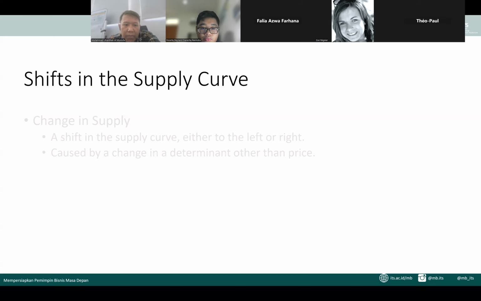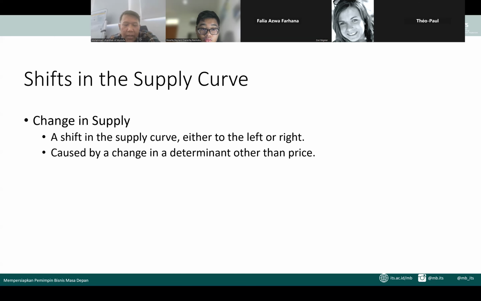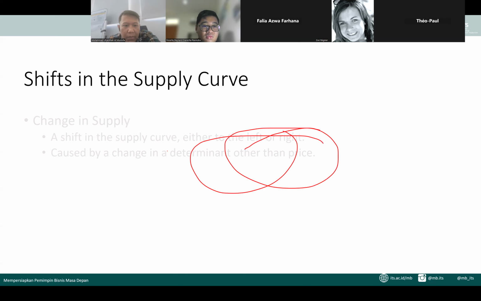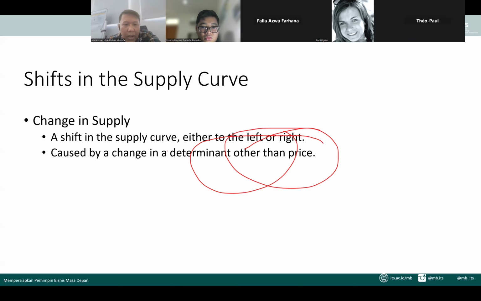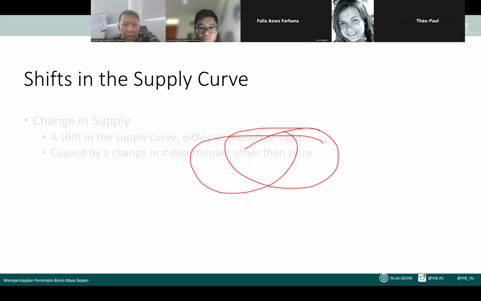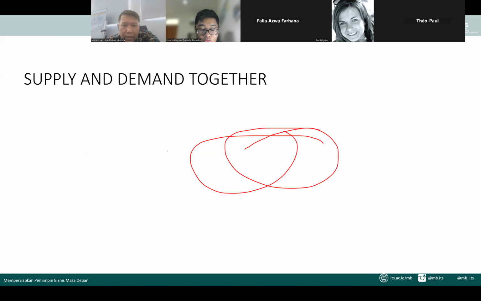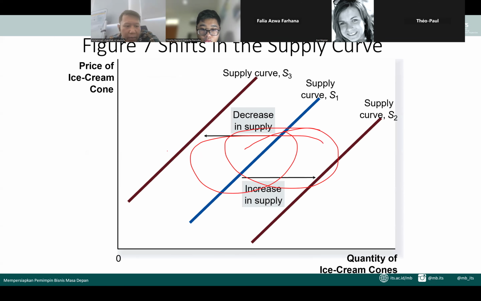This is the change in supply, a shift. A shift will happen because of a change other than price. So when we have a price change, the movement will be along the curve. But if we have other aspects, the movement will be shifting right or left. Now this is the supply curve. It shifts to the right and it also shifts to the left.